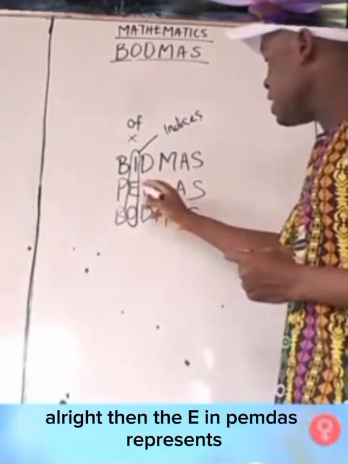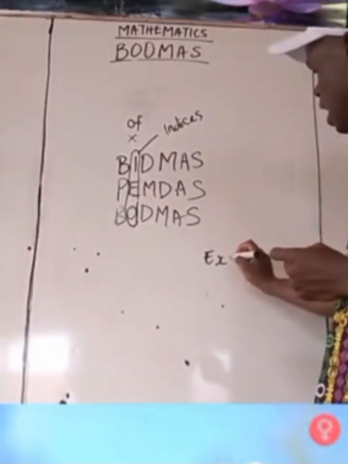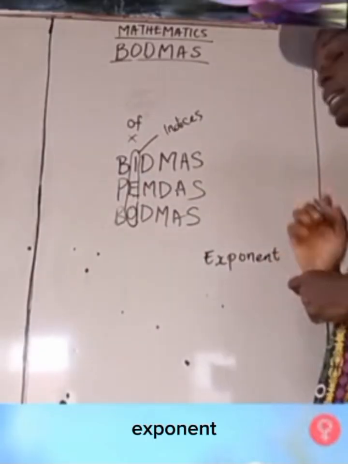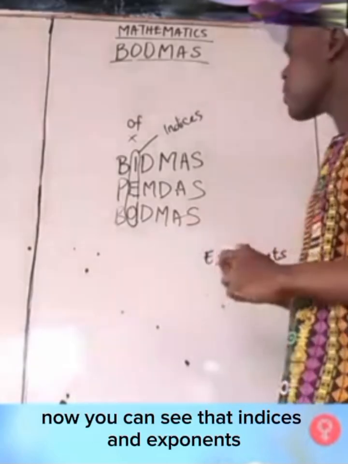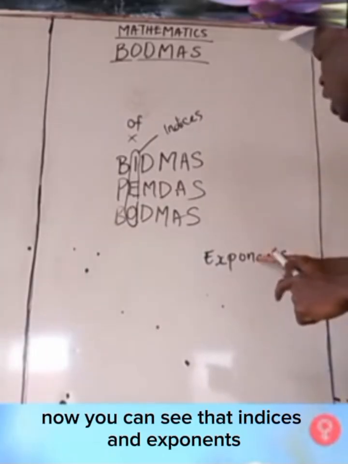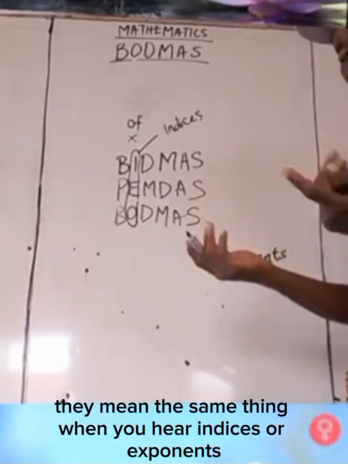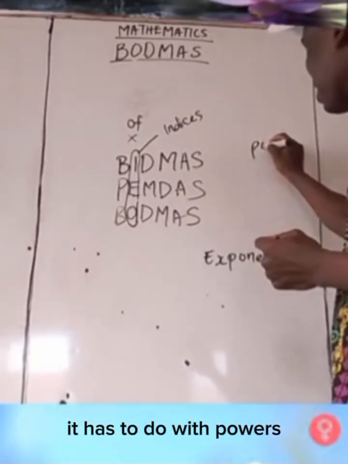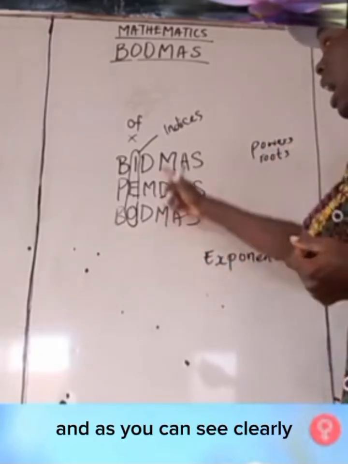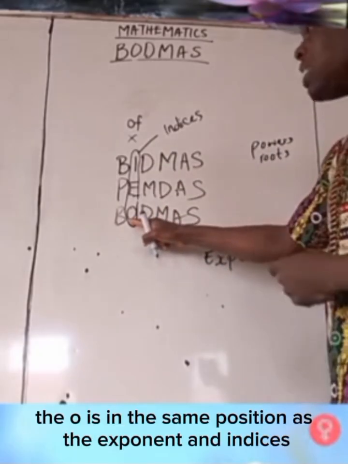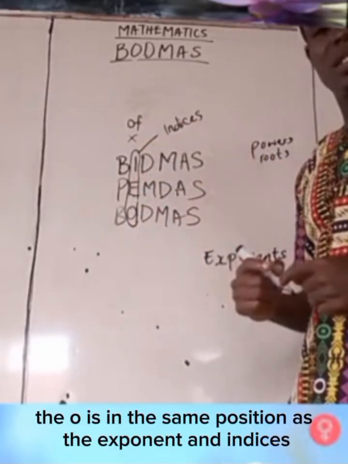Then the E in PEMDAS represents exponents. You can see that indices and exponents mean the same thing. When you hear indices or exponents, it has to do with powers or roots. And as you can see clearly, the O is in the same position as the exponents and indices.